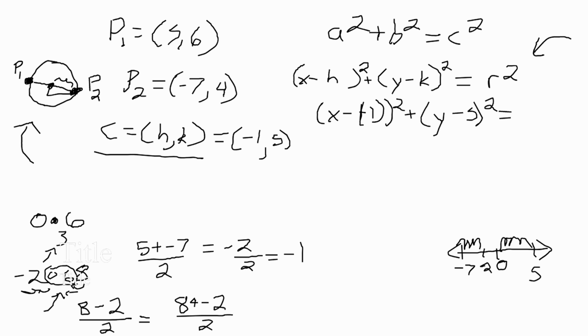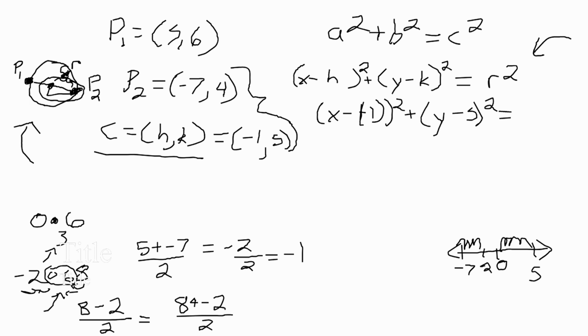Remember how to find the distance between a point and the center? We did it in the last problem. You plug in one of the points to the x and y values. You find a little mini triangle. Do you see this triangle right here? How do we find out how long that side length is, or that hypotenuse? It would be the difference in the x values, between -7 and -1.